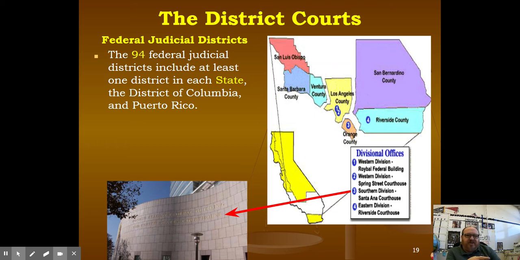In Orange County, the Santa Ana Courthouse is the Southern Division of the Federal Court. And then in Riverside County, there's the Eastern Division. So there are a total of 4 federal courts in California. They're all in Southern California, in the greater Los Angeles, Orange County, Riverside area.